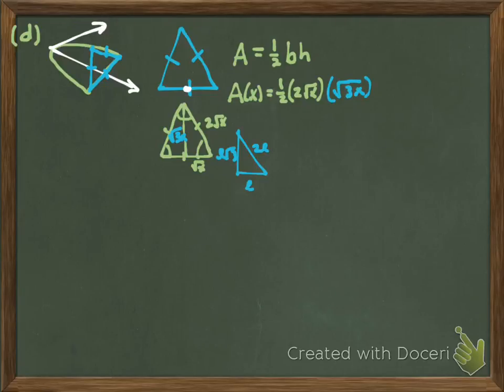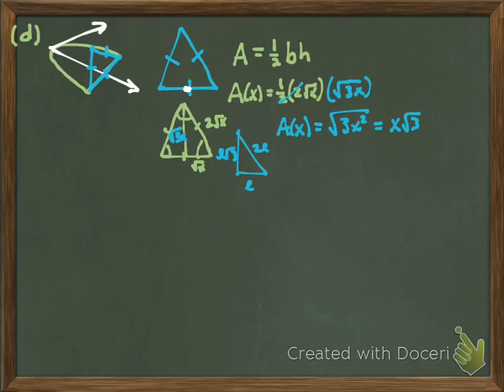So then my half and my 2 would cancel, so my final A of x is the square root of x times the square root of 3x. So this is the square root of 3x squared. Yes, that's legal. So then this is x times the square root of 3.